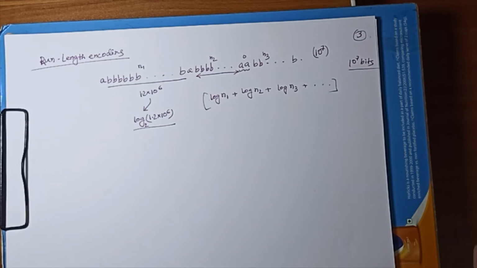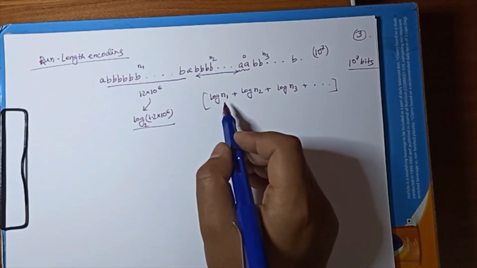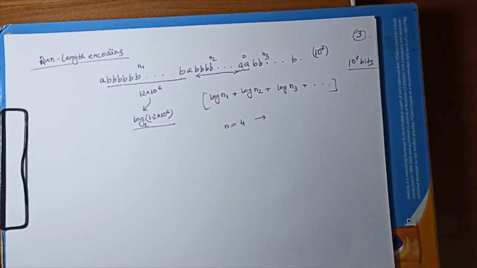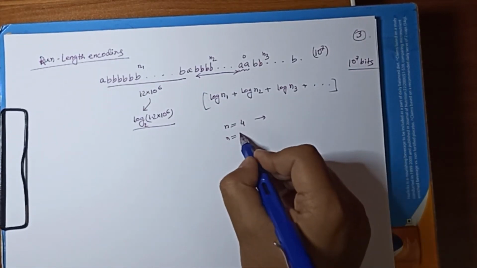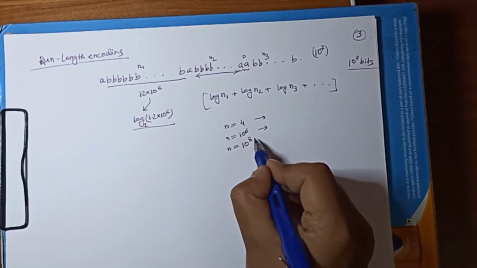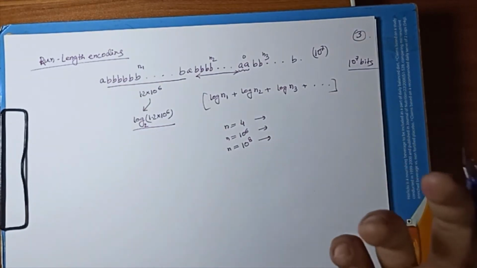So you are decreasing the size drastically. However, there is one problem, that what will be the size of n1, n2, etc. Like I'm writing it log n1 in an imprecise way. So if n1 is say 4, how to encode? Using binary. If n is say 10 to the power 6, how to encode? If n is say 10 to the power 8, how to encode? So what should be my number of bits to represent that number?